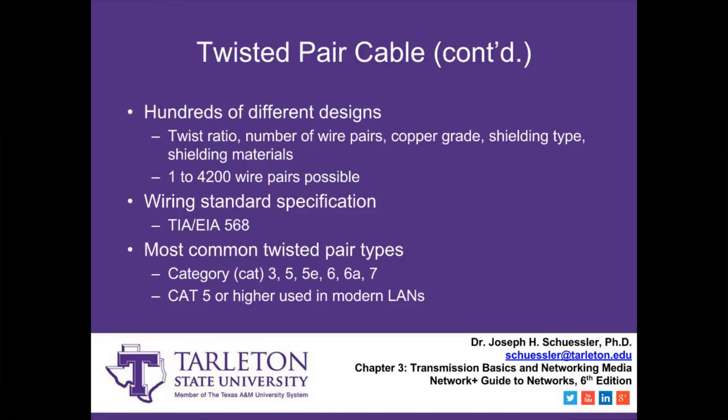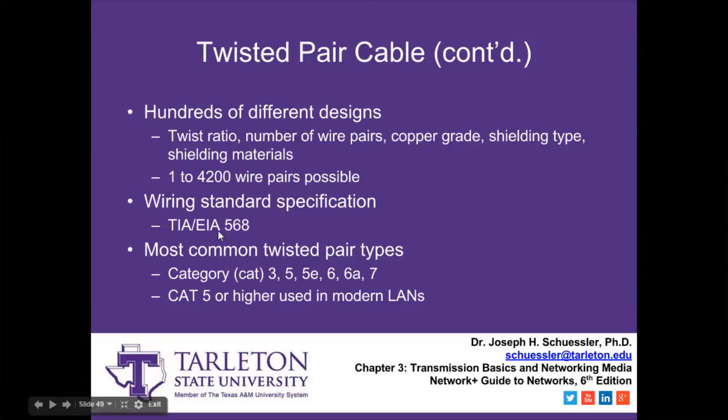There's lots of different designs in terms of the twist ratio, number of pairs of wires, the quality of the copper that's used, the quality of the shielding, etc. In some cases, for regular UTP or shielded twisted pair cable, we're used to seeing 4 pairs of wires, but you can buy many more pairs of wires for larger, more commercial or industrial environments.